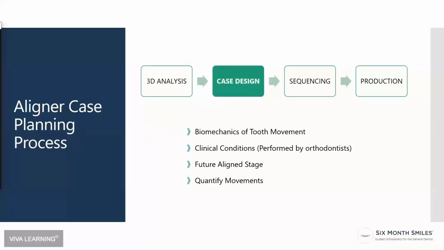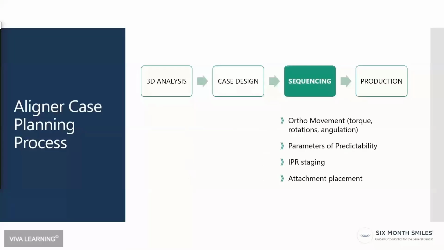We have the case design. Within this category, we'll look at the biomechanics of the tooth movement. We'll consider the clinical conditions and the future aligner stages and quantify the movements. From then, obviously, it's very related to the sequencing of the orthodontic movements.